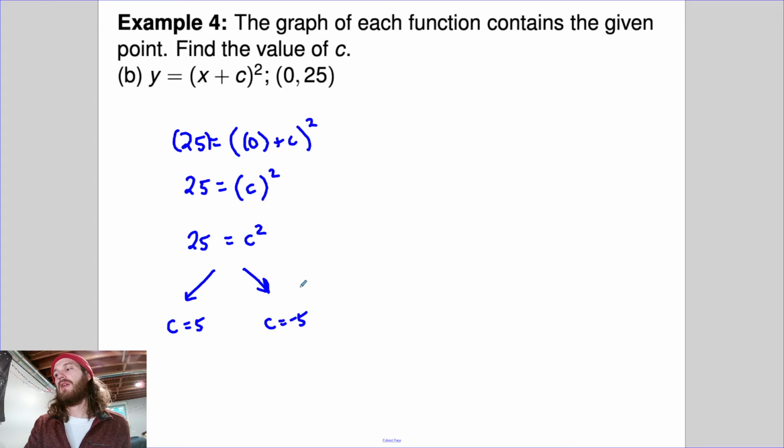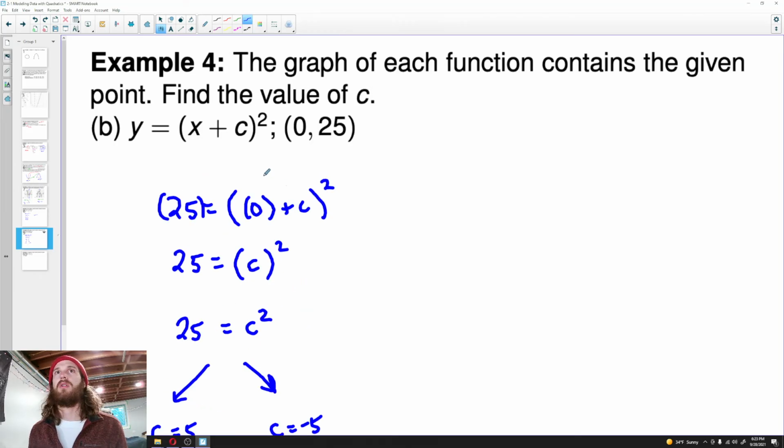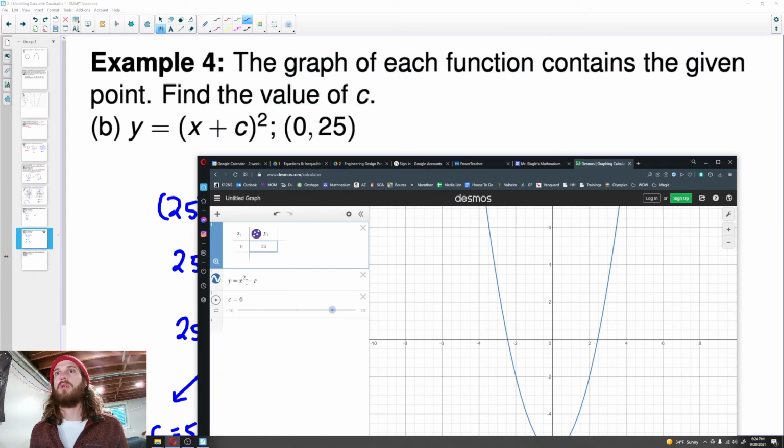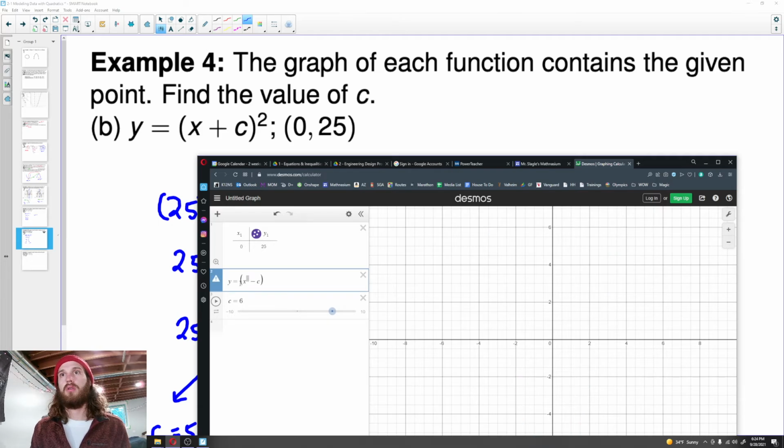So what does that mean graphically? Well, let's put our point on our graph: 0, 25. All right, so y equals x plus c squared, and we've got our slider for c.